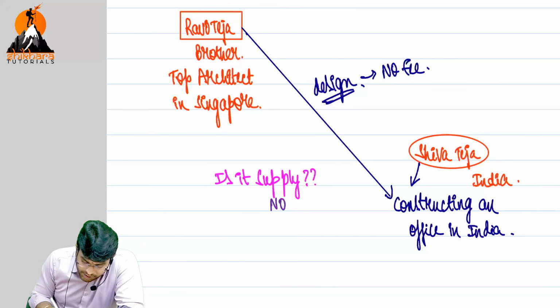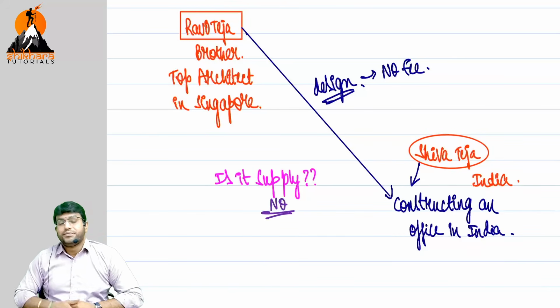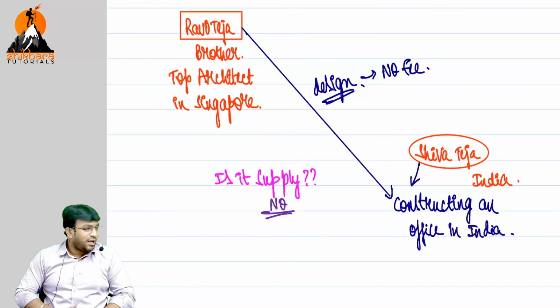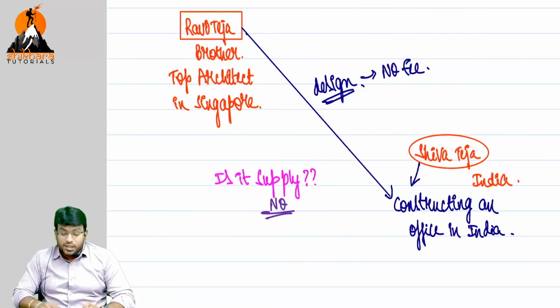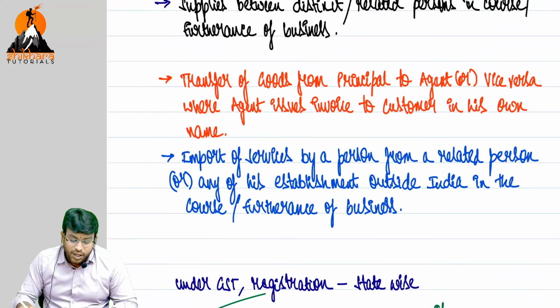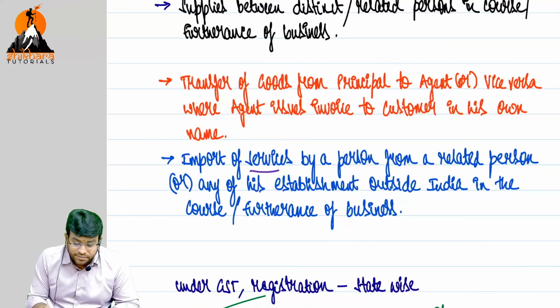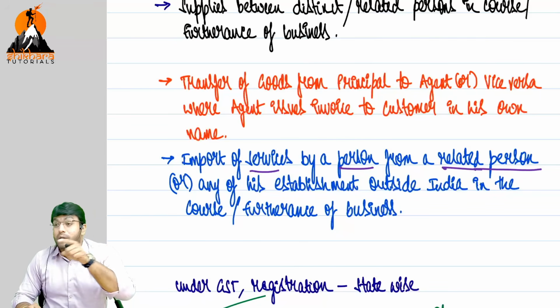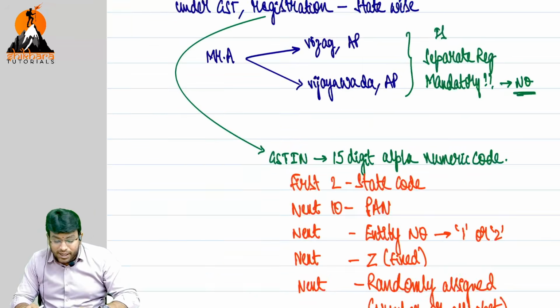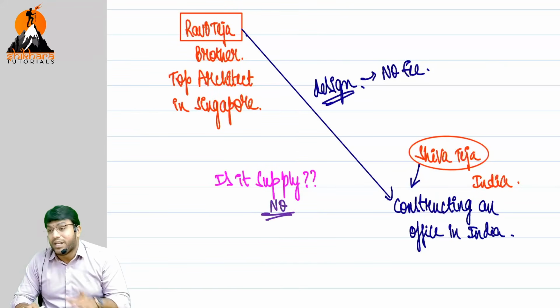The correct answer is no. The reason is the language used: import of services by a person from a related person. Related person covers what? Members of the same family. Family covers what? Section 2(49) defines family.